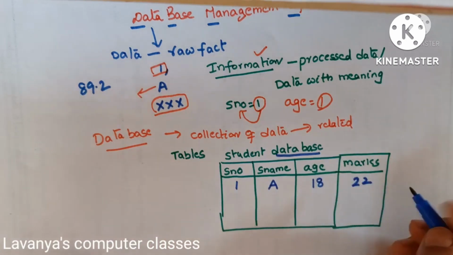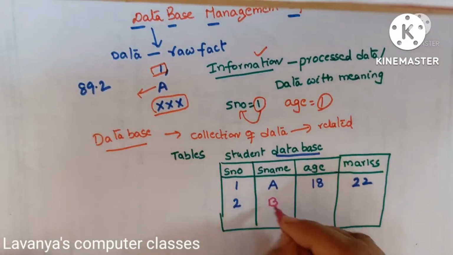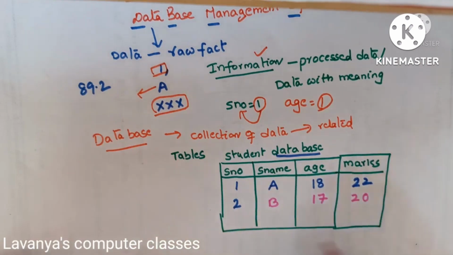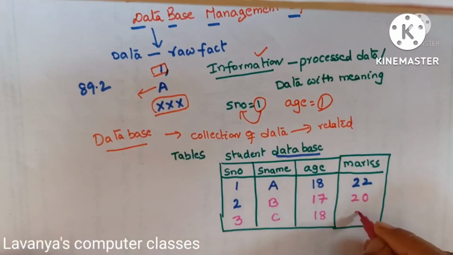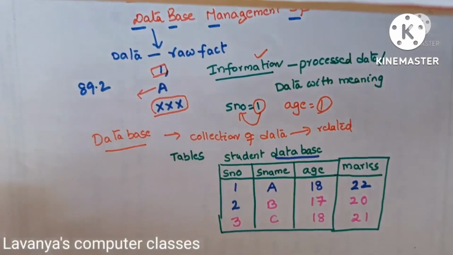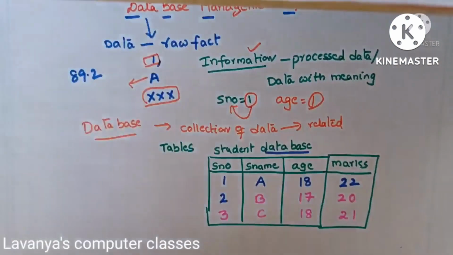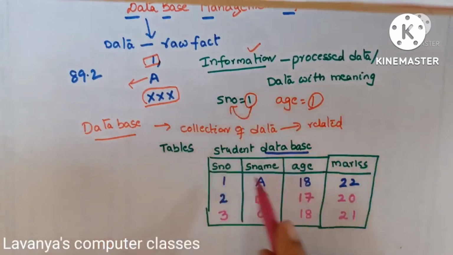Next, the second student, number 2, name B, age 17, marks 20. The third student, C, age 18, marks 21. So like this, if you are collecting information about students, a collection of data or information is called a database. This is the example for a student database.